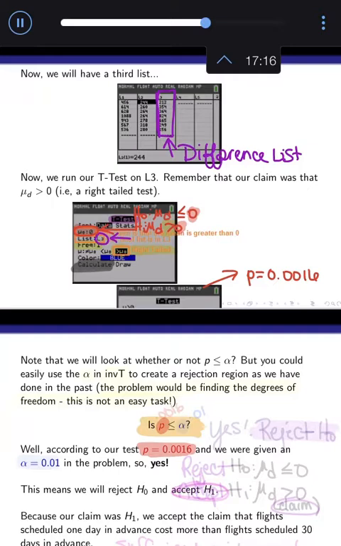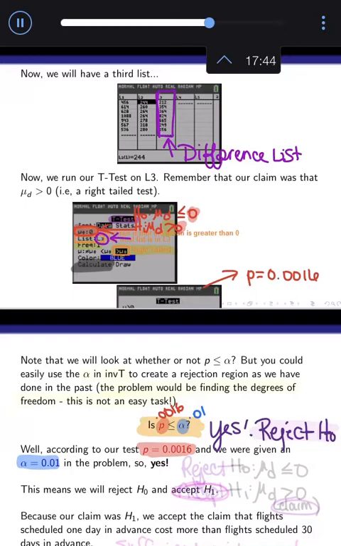Our alpha was, let's see, if you go back to the original problem, 0.01. Well, let's see, is 0.0016 less than or equal to 0.01? It certainly is, yes. What does yes mean? Yes means that we will reject H naught.